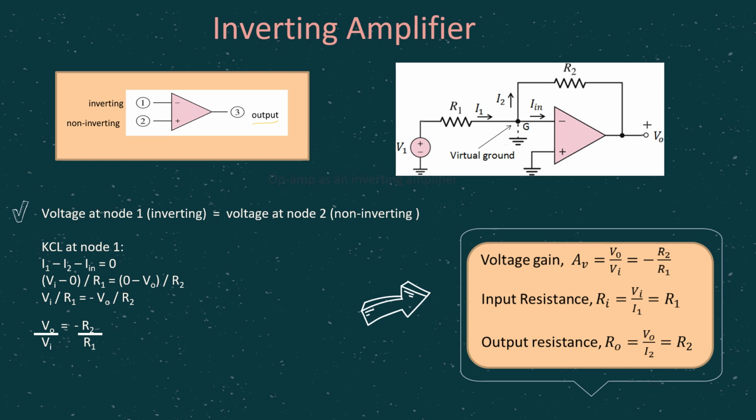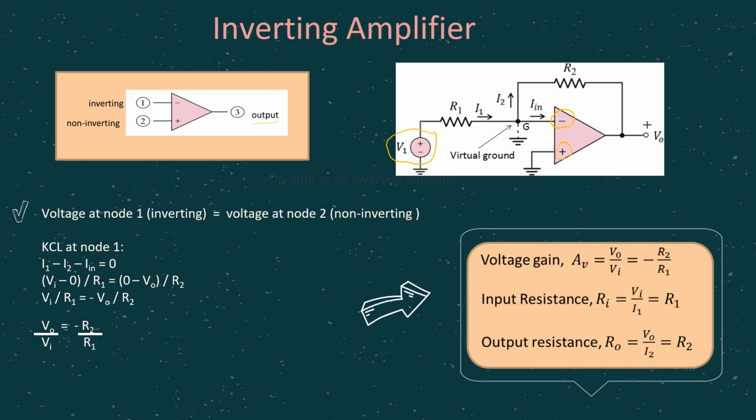For inverting OPAMP, at the inverting terminal, which is the one with the negative sign, there is a voltage connected to it, and in series with the voltage is R1. At the feedback there is R2, the feedback resistor, and the positive terminal is grounded.